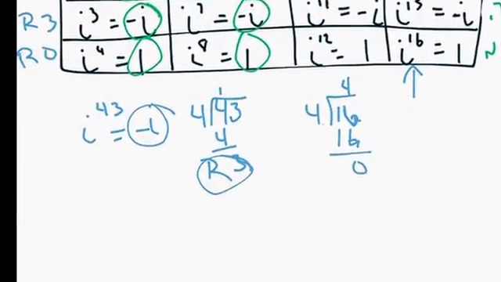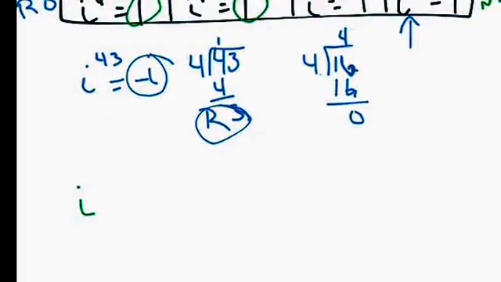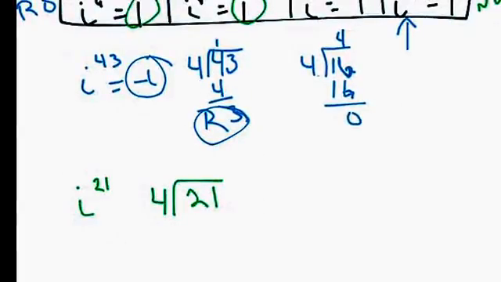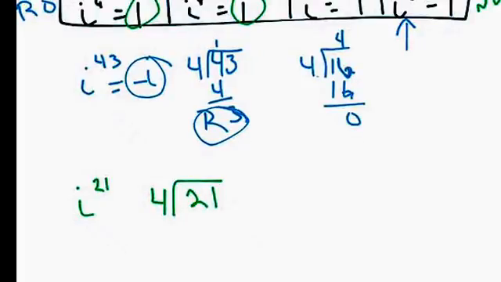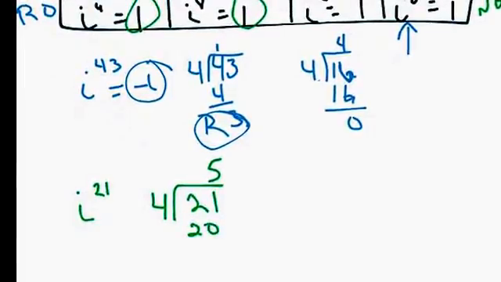Okay, so i to the 21st. 21 divided by 4. Remember, we're always dividing by 4 because that's when the cycle starts over. 4 goes into 21 5 times. That's 20.